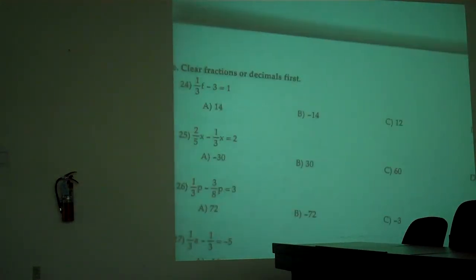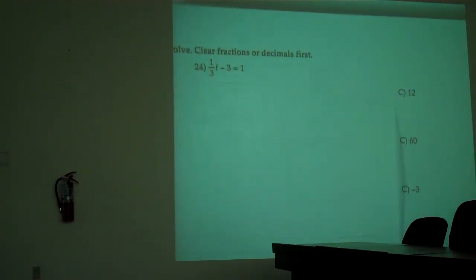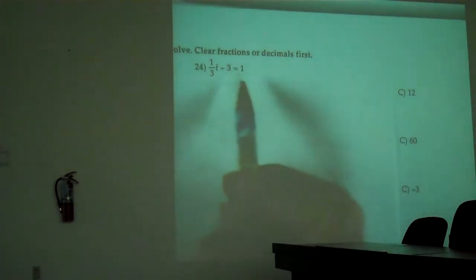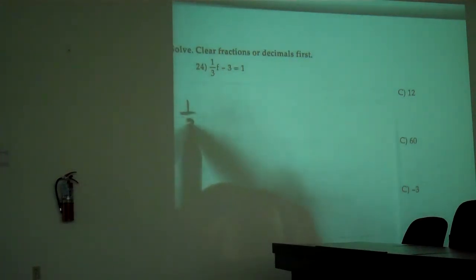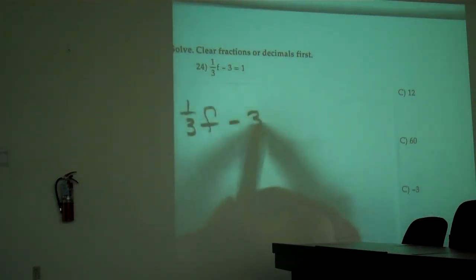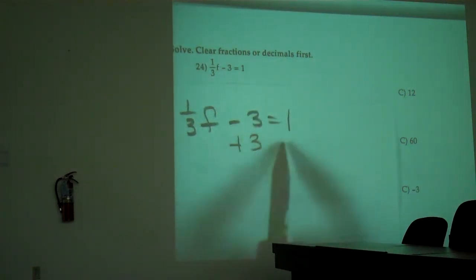Okay, here's some fraction ones. You can either do this as a fraction, where you multiply everything by 3, or you could do the plus 3 to both sides first. Okay, let's just do plus 3 to both sides. So subtracting 3, let's add 3.